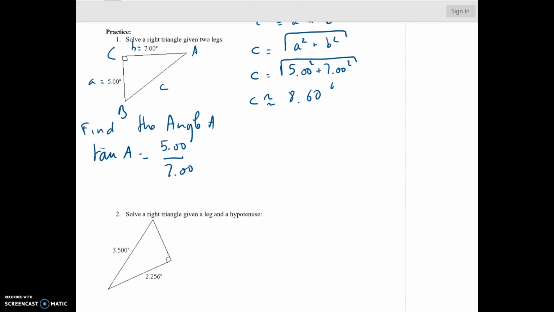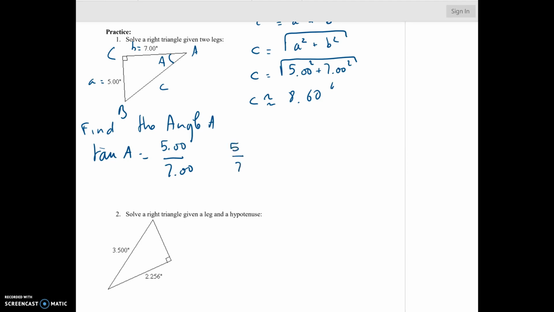The opposite side, I would like to remind you, the angle A is right here. So the opposite side, 5.00, divided by the adjacent side, 7.00, which corresponds to 5 divided by 7.